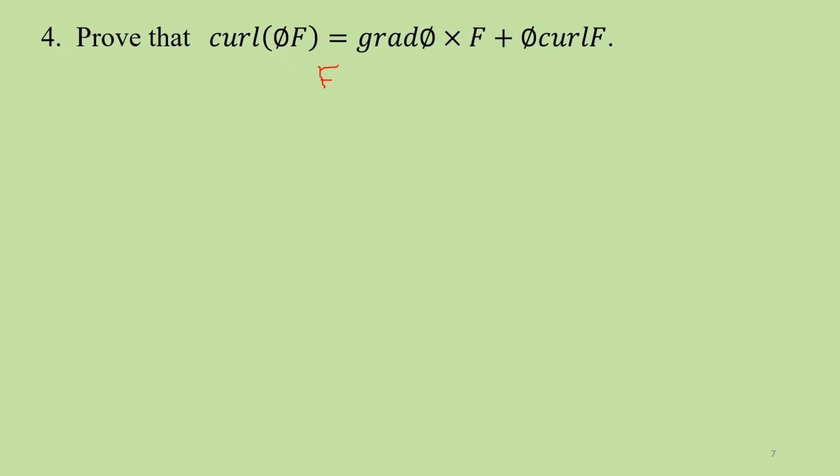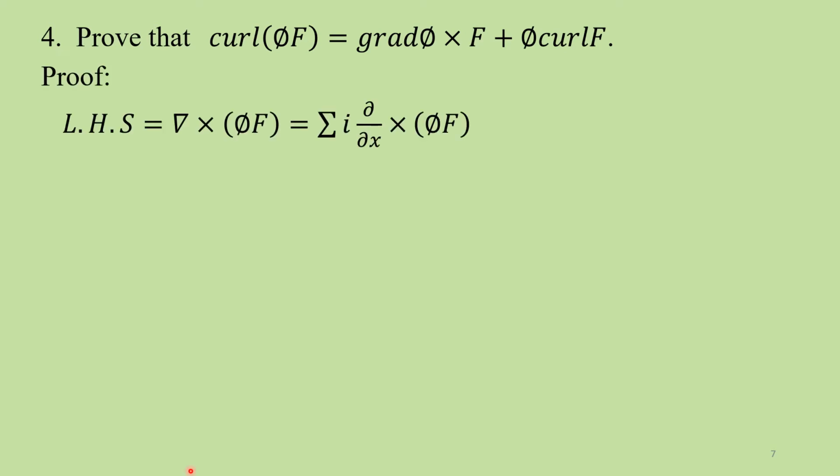So take the LHS, that is curl of phi f, del cross phi f. Del cross phi f, according to the summation notation, I can write summation i of i dou by dou x, that is del, cross the vector phi f as it is.